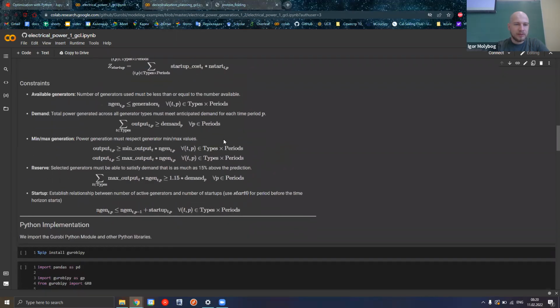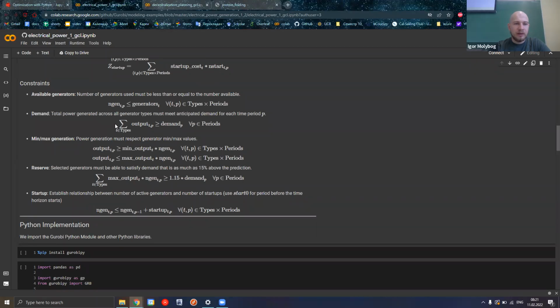Okay, so now we need to take a look at the constraints. The available generators are limited. So the total number of working generators is going to be limited above by the total number of available generators.